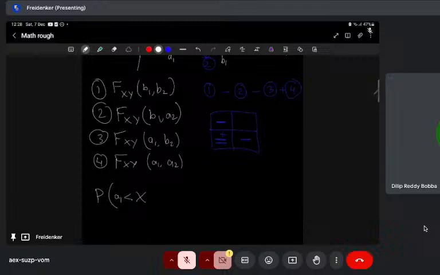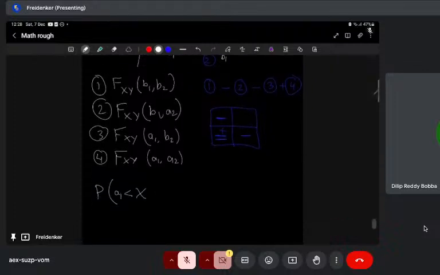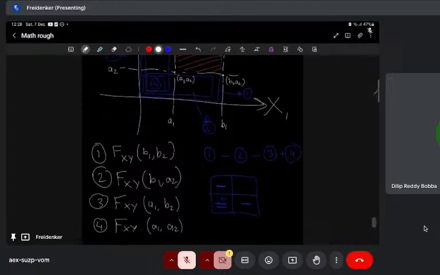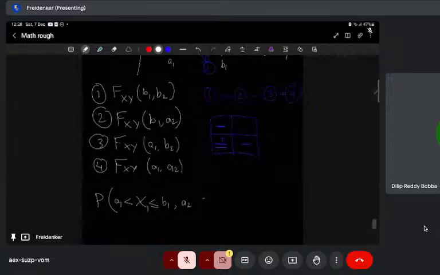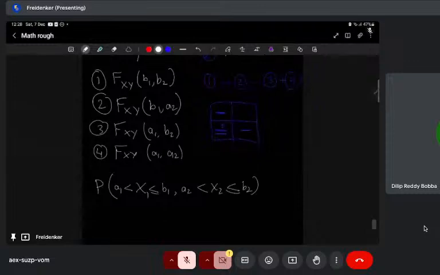So this is the idea behind writing the probability of x lying in between a1 and b1, and a2 and b2. This is nothing but 1 minus 2 minus 3 plus 4.